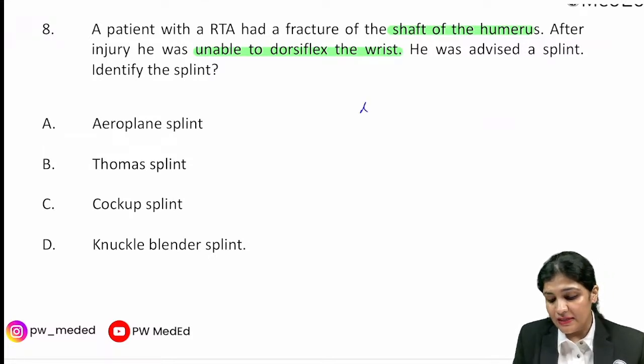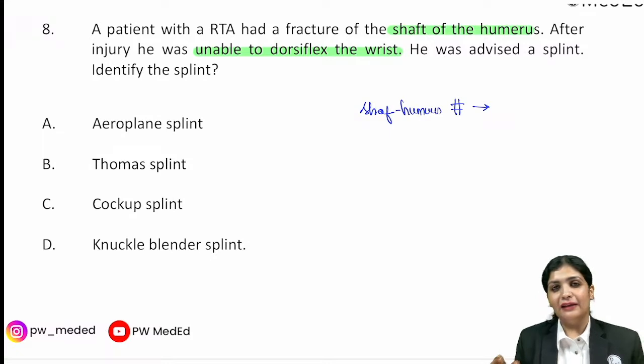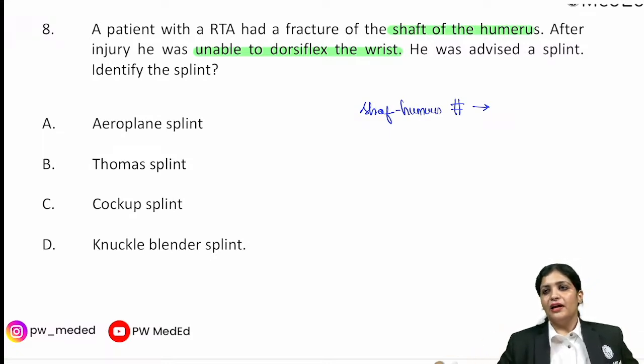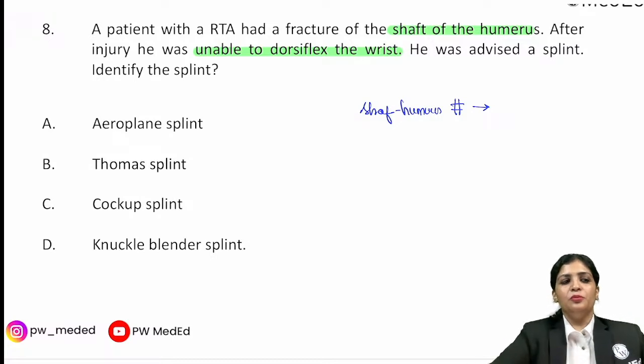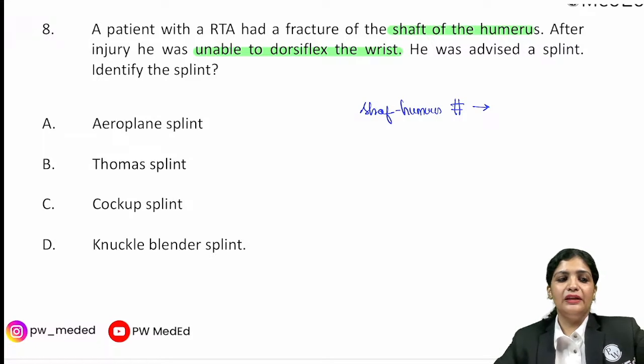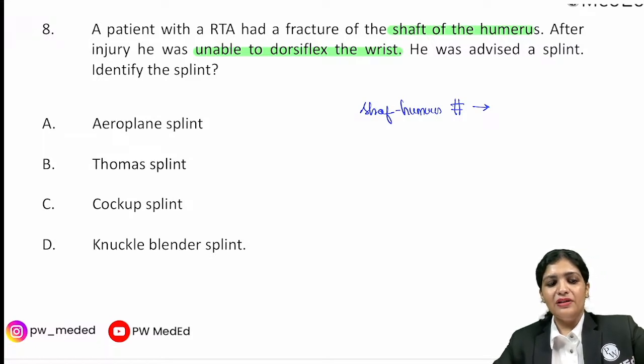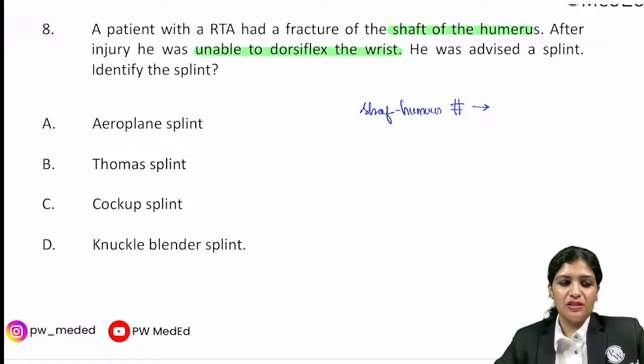Whenever there is a shaft humerus fracture, you already know that there is a radial groove present on the posterior aspect of the humerus, and this radial groove will contain the important nerve called the radial nerve. Whenever there is damage to this radial nerve, there will be a wrist drop, that is, being unable to dorsiflex the wrist.